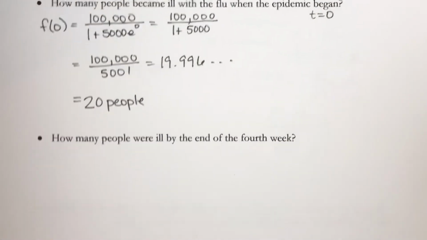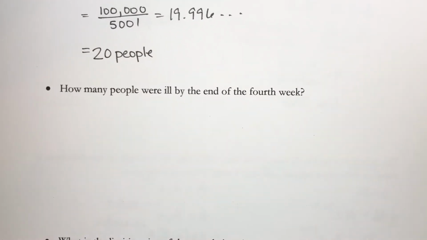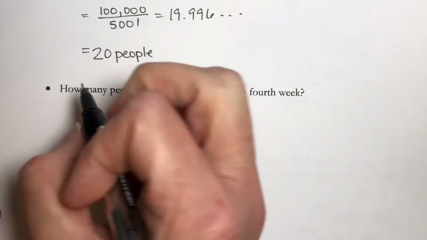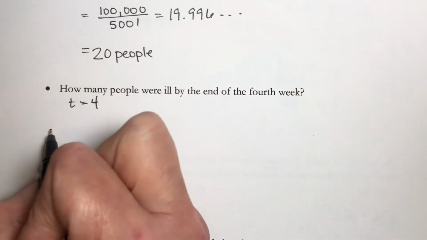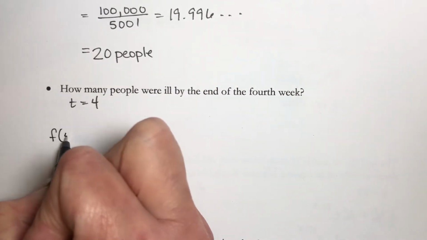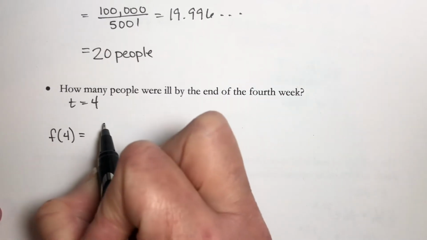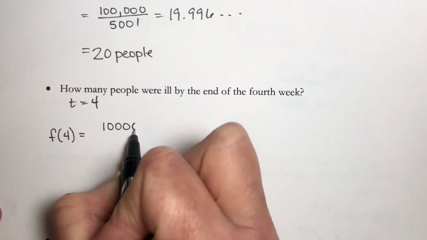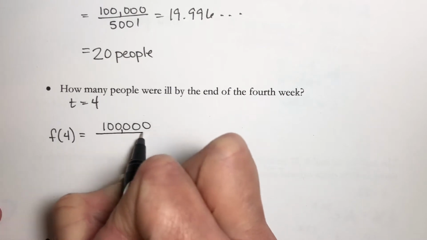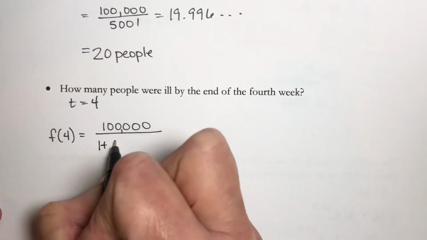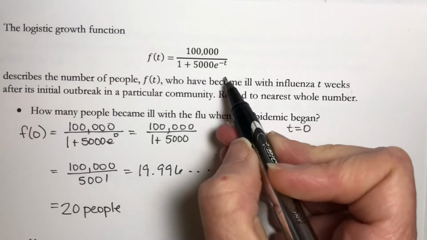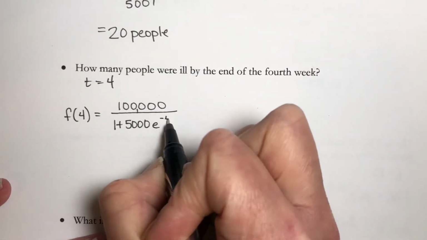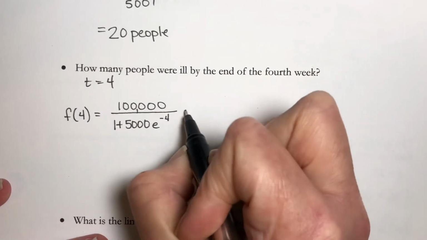Okay, now how many people were ill by the end of the 4th week? In this case, our t value is 4. So all we need to do is to find f of 4. So this would be 100,000 divided by 1 plus 5,000 e to the negative t, so negative 4. Let's see what this equals.